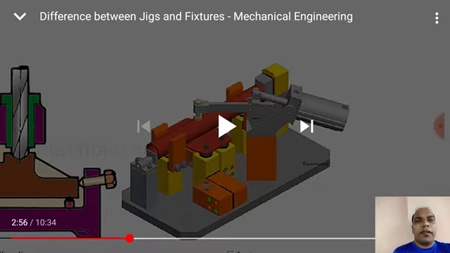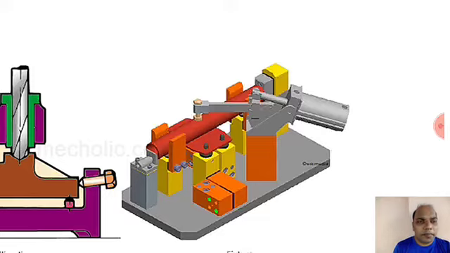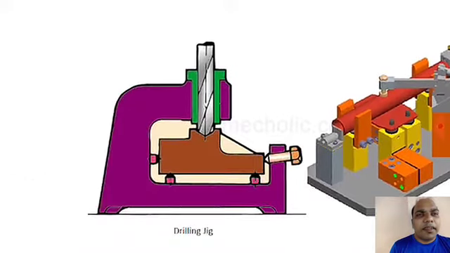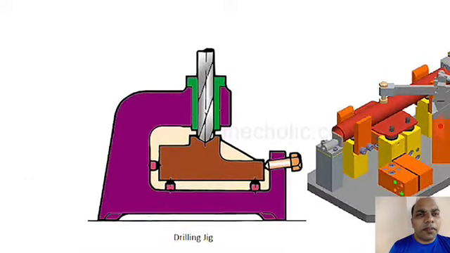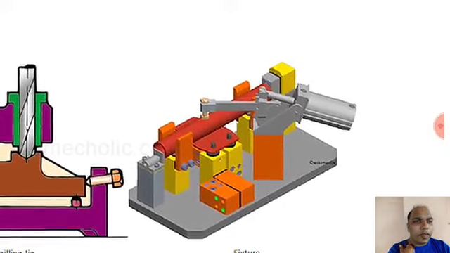Now you can see that in the fixture the saffron color indicates the workpiece, whereas in the jig it is shown by the other color. The clamping system is provided over here.